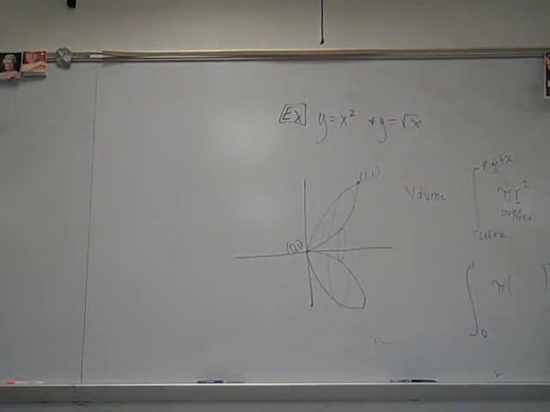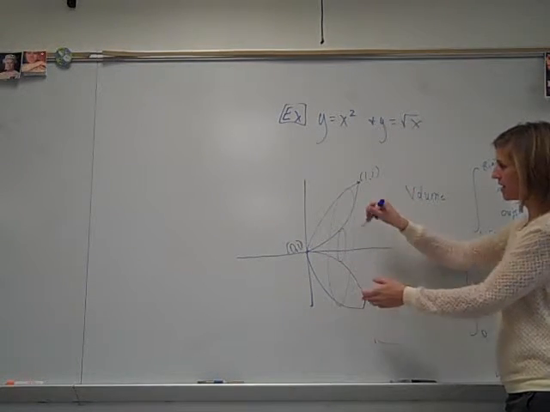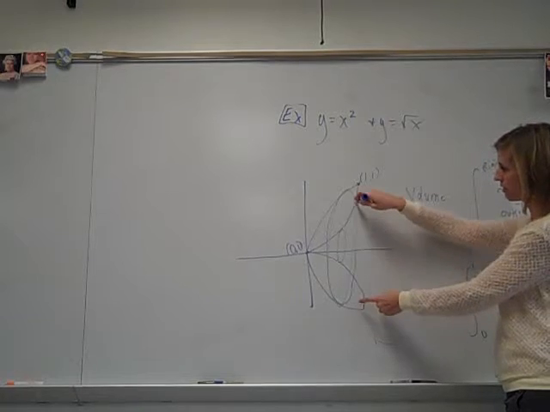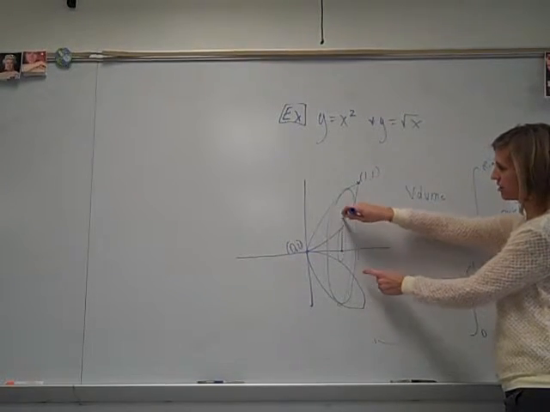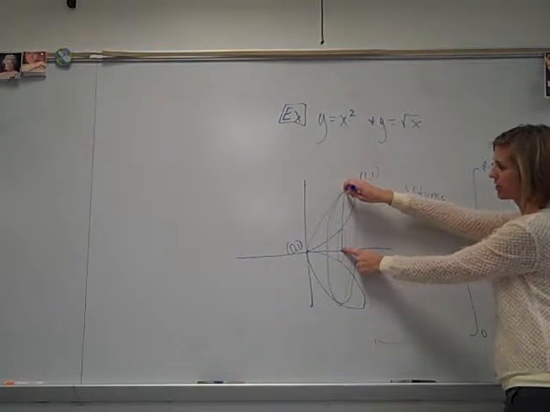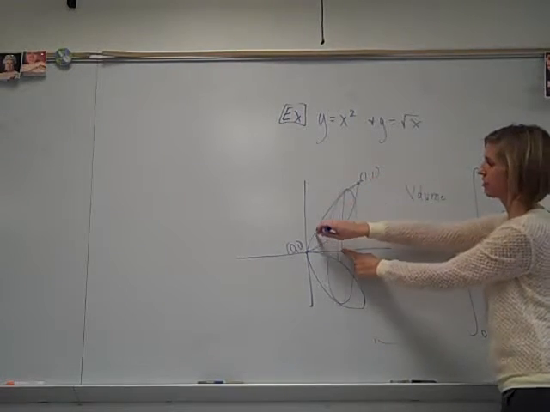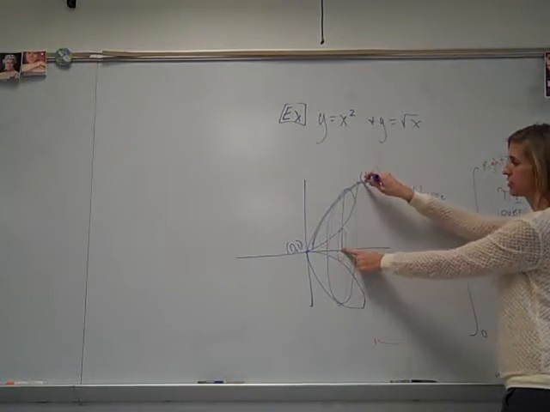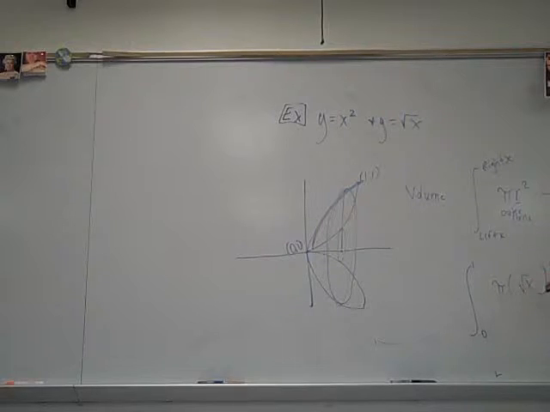The radius is just the height of that curve. That's why I draw the circle, so I can see that this outermost circle has a radius from here to here. That's just the height of the curve. But which curve is it, the square root of x or x squared? Square root of x. So you do have to know which one's which.